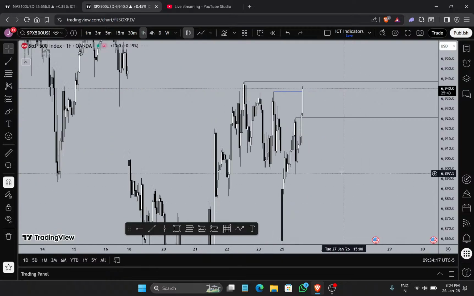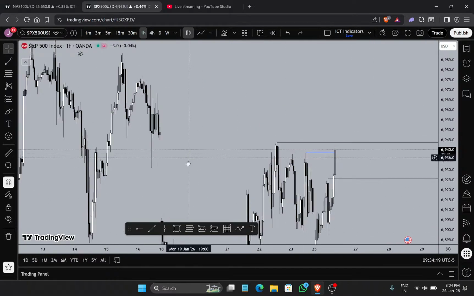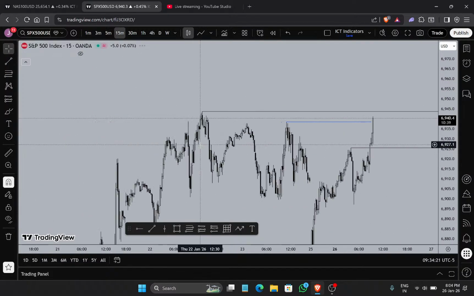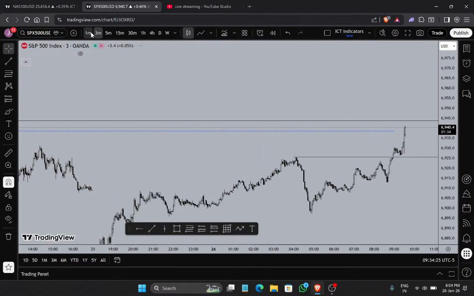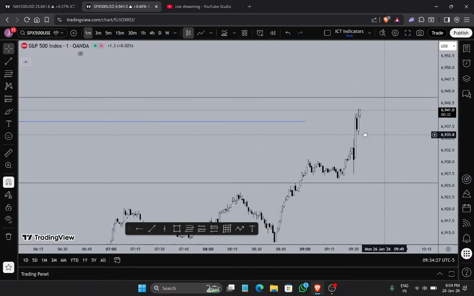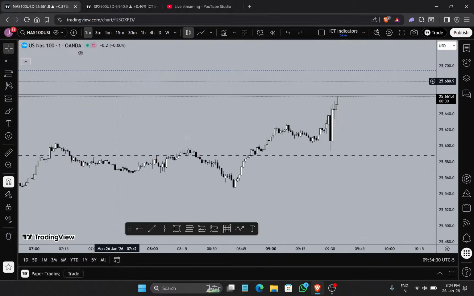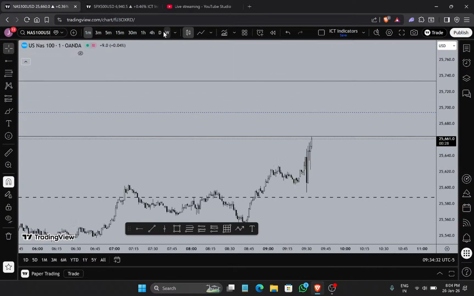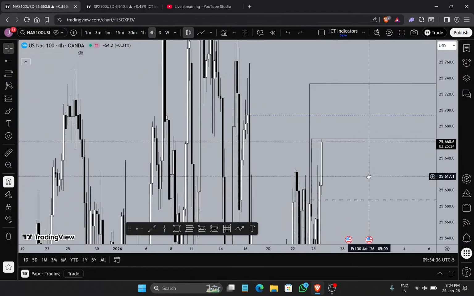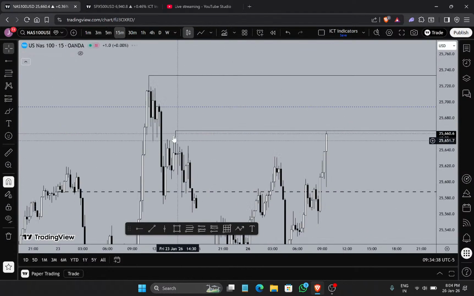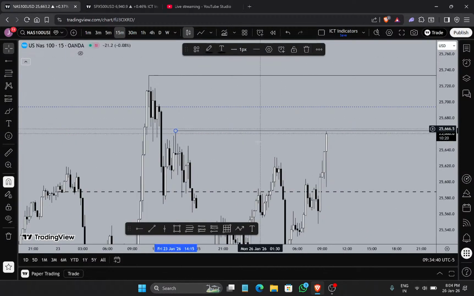But since we are very bullish, I don't know what to do. We can look for short-term bearish trends. We still have SMT this time.